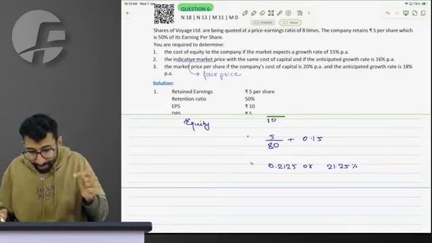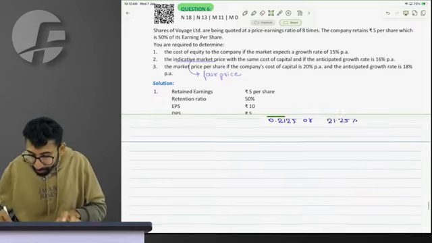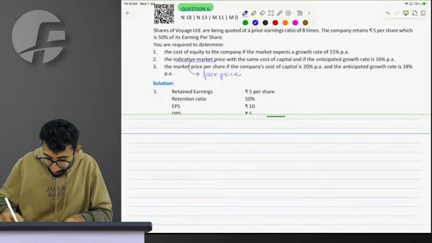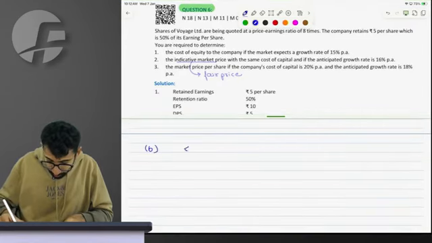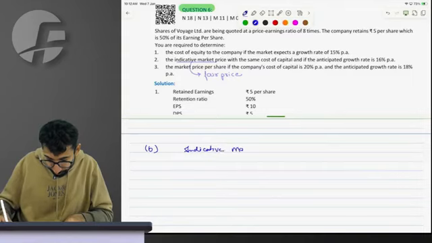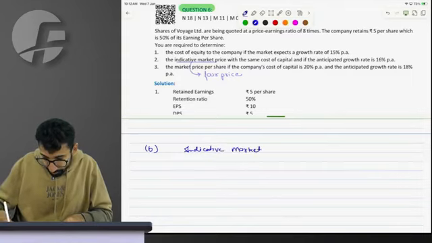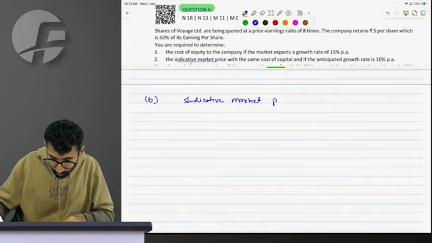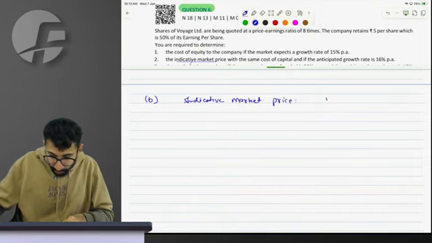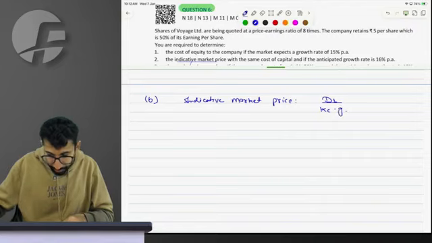To calculate the fair price, I need to apply Gordon's model, D1 divided by K minus g. Do I have the D1 ready? Yes, which is rupee 5. So part B of this question, indicative market price, is equal to D1 divided by K minus g.